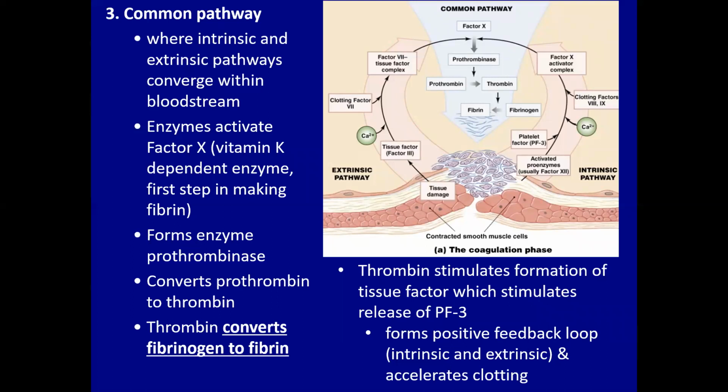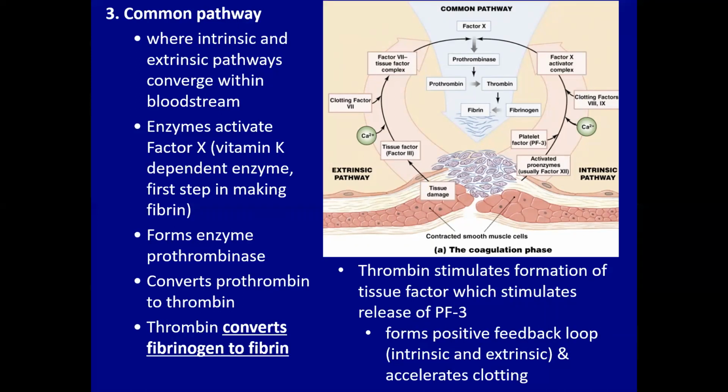When the intrinsic and the extrinsic pathways come together in your bloodstream, then we have what's called the common pathway. We've got to have vitamin K available. We have factor 10.